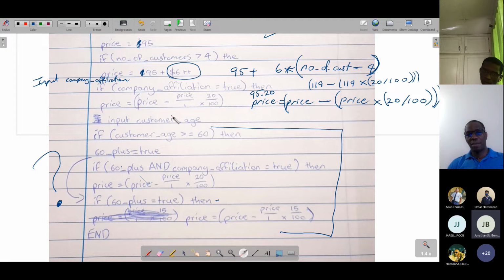Yeah, but if both of them are true, you're still doing this one, and then doing this one. Right. Because you see what happens? Because you're only checking company affiliation up here, and then you're checking 60 plus and the company affiliation down here, where you've already applied company affiliation discount.